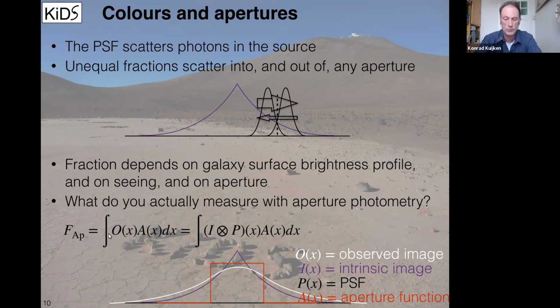You can replace this observed profile by the intrinsic profile convolved by the point spread function. And so this is what you actually measure when you do any kind of aperture flux measurement. So O is the observed image, I is the intrinsic image, P is the PSF, and A is this aperture function, which in the example I just showed you was a top hat, but in principle it can be anything you like.